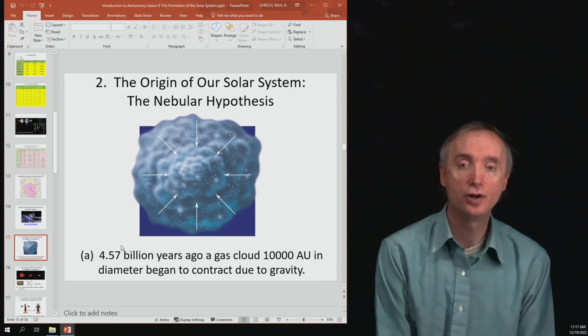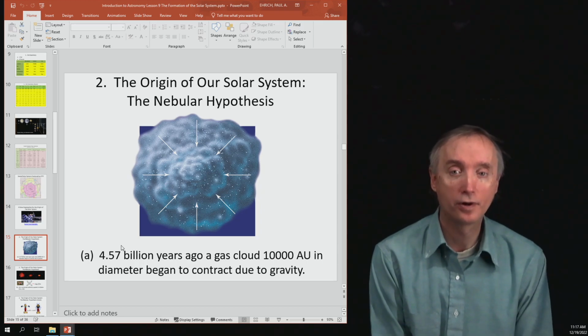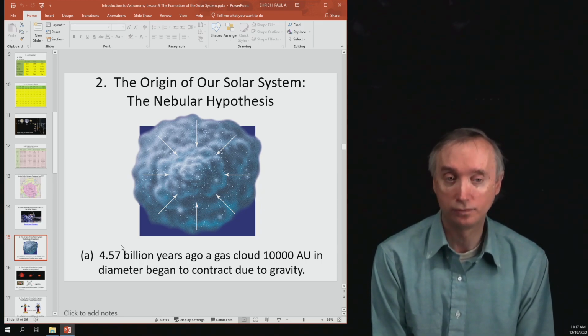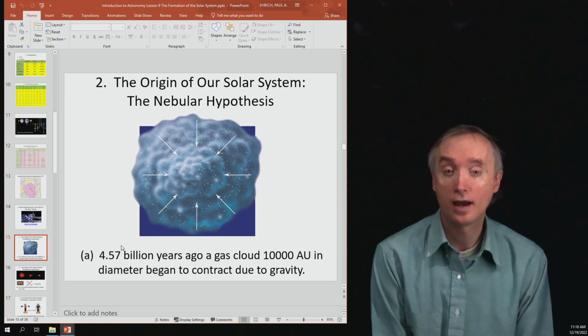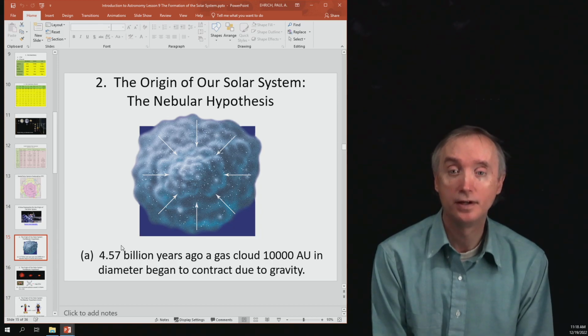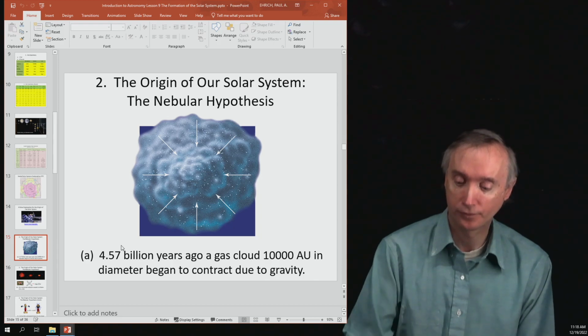And you should know that date, 4.5 billion years ago. That's when both the solar system and the Earth began to form. At about 4.5 billion years ago, you've got this gas cloud, which would have extended about halfway to Alpha Centauri. It's a huge gas cloud, and it begins to collapse due to gravity.